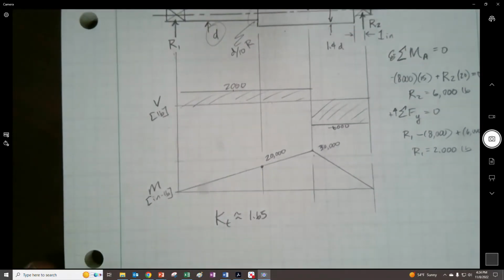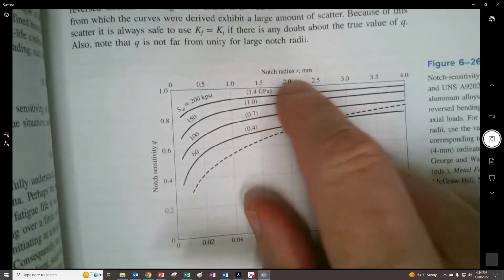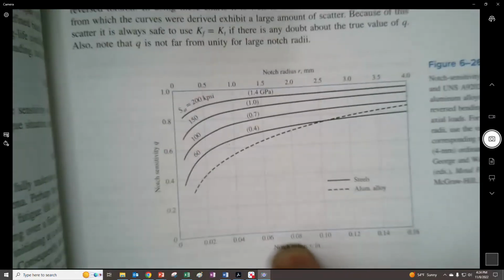But we want to have the fatigue stress concentration. So we need the notch sensitivity. And in order to get the notch sensitivity, we really need to have the fillet radius, but we don't know the fillet radius right here, right? We need the notch radius, the fillet radius, in order to get this, probably in inches.